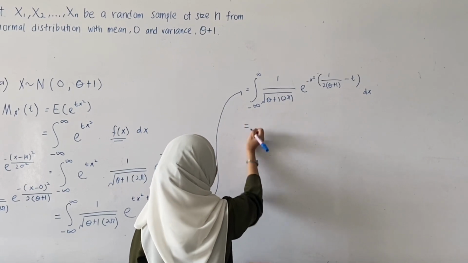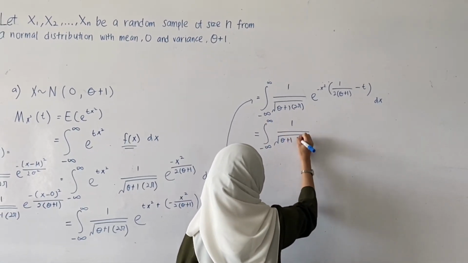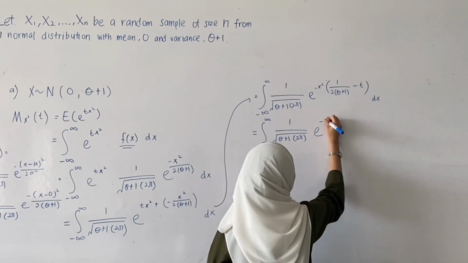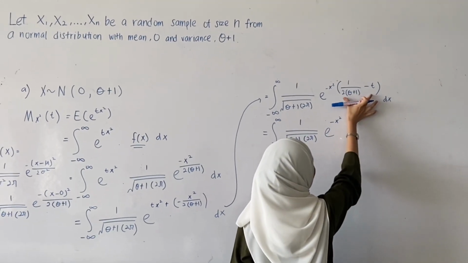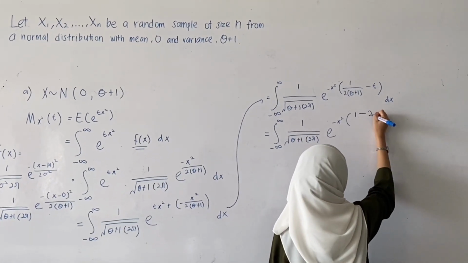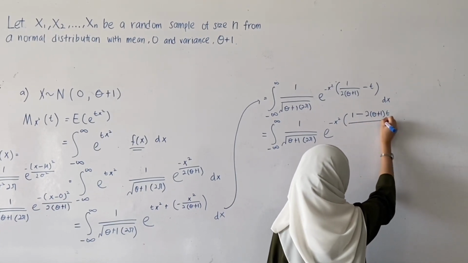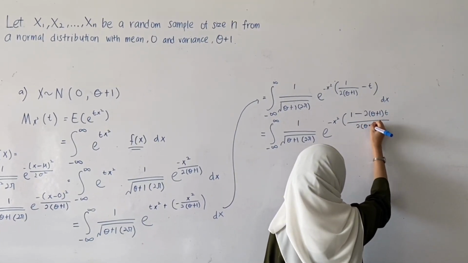The next step here is to combine these two, and we will get 1 minus 2 theta plus 1 t over 2 theta plus 1.